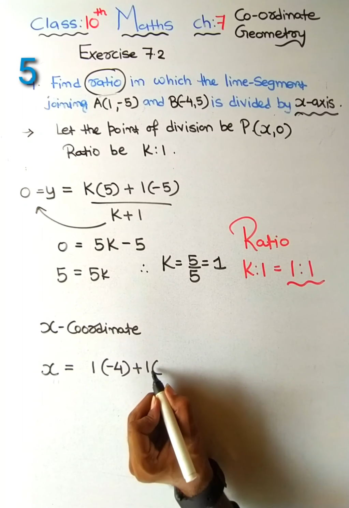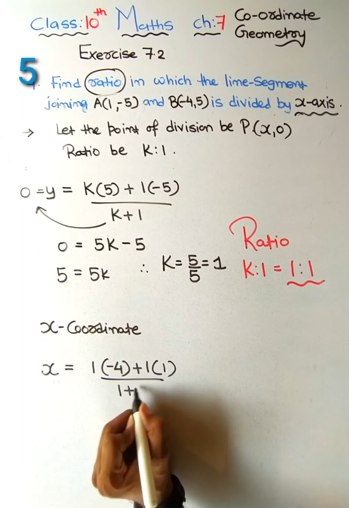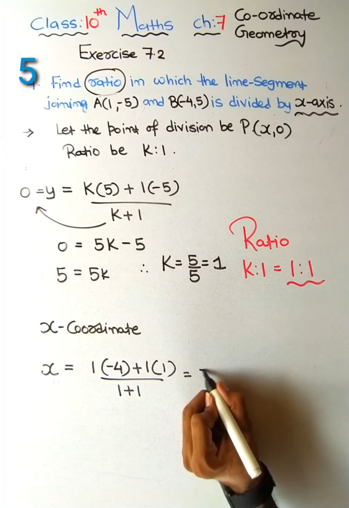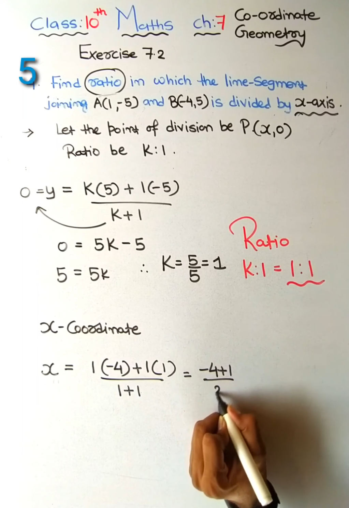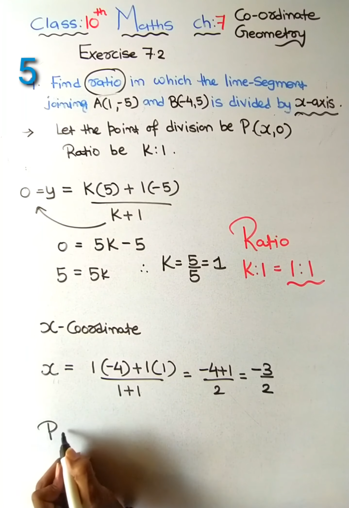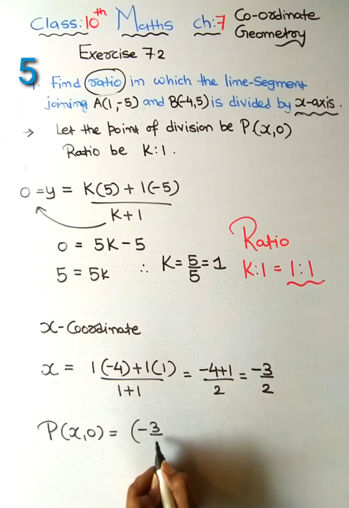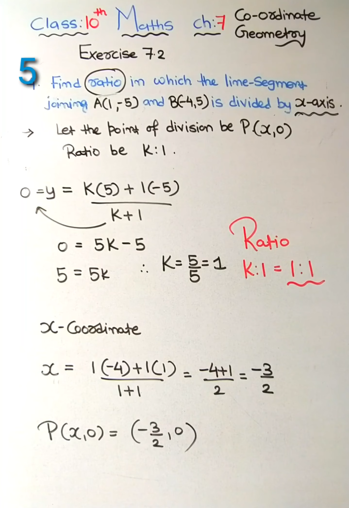So minus 4 plus 1 into 1 upon 1 plus 1. So that is minus 4 plus 1 upon 2, and that is minus 3 by 2. So coordinate of point P is minus 3 by 2, 0. Clear? So here you see very cleverly we are using the section formula and all the information.